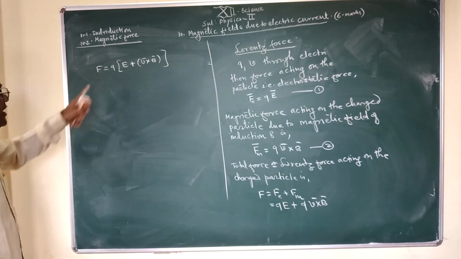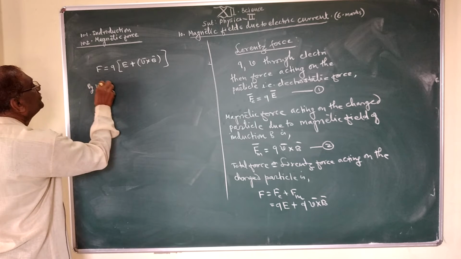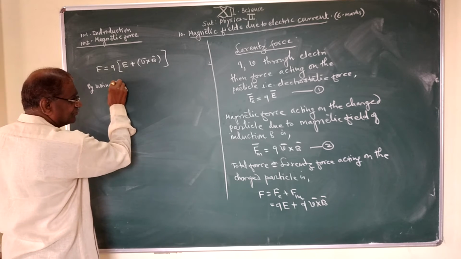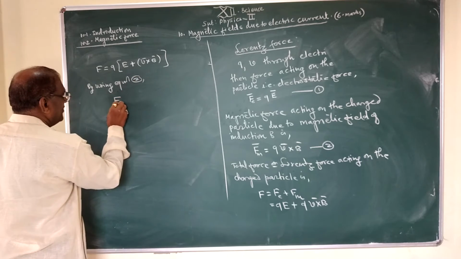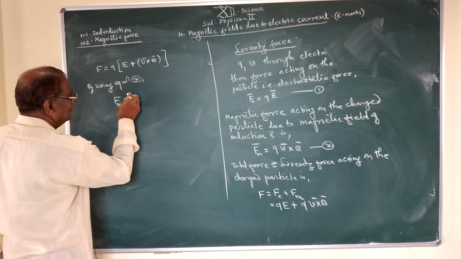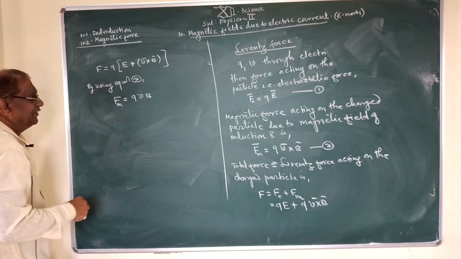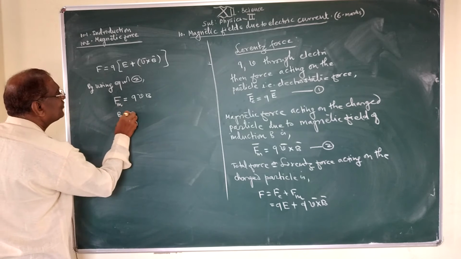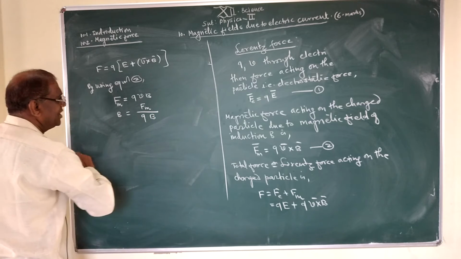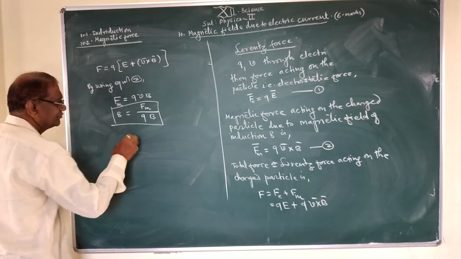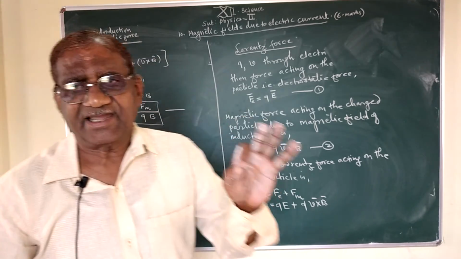Now, by using the equation of magnetic force, equation 2, Fm is equal to Q V B. Therefore, B is equal to Fm upon Q V. From this formula we can find the unit of magnetic induction.